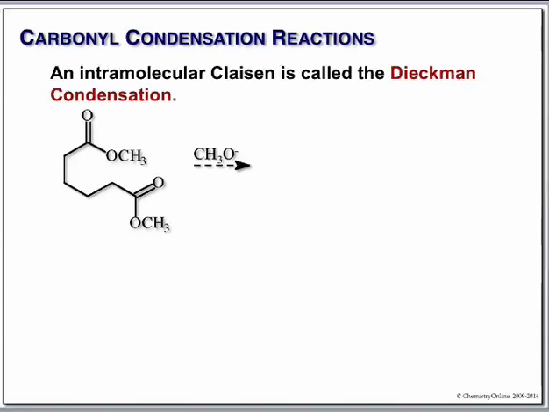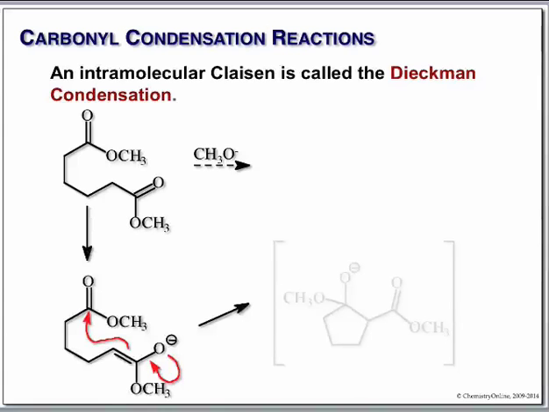We're going to enolize one of them. The enolate is going to collapse. We're going to form a tetrahedral intermediate. This is going to eject methoxide, which we have in our solution.